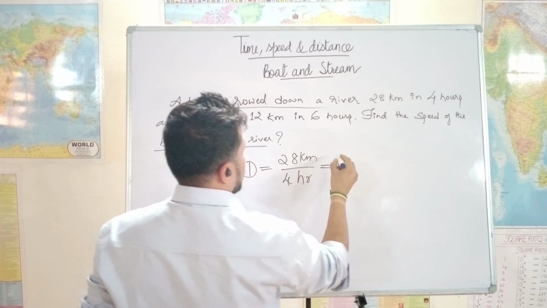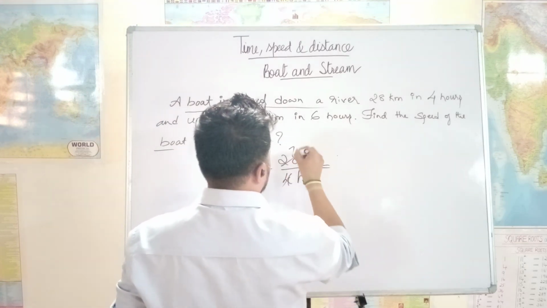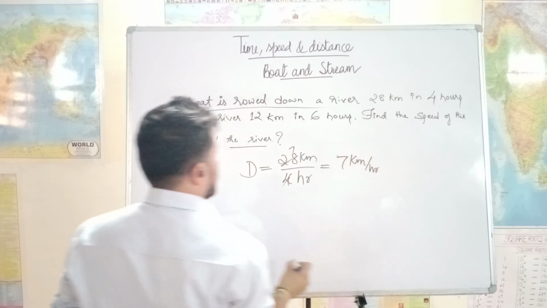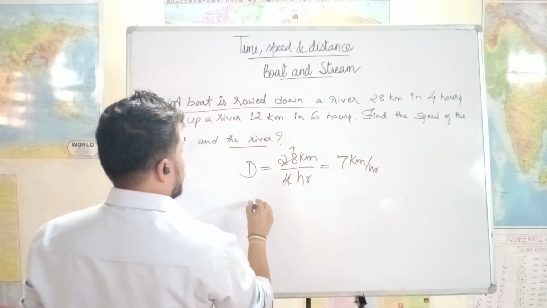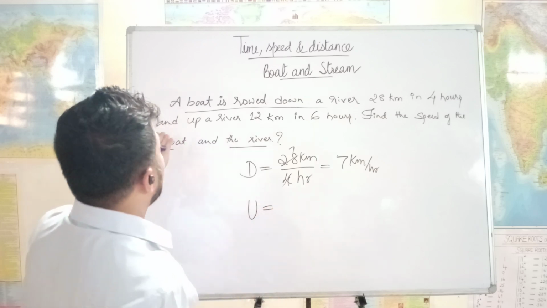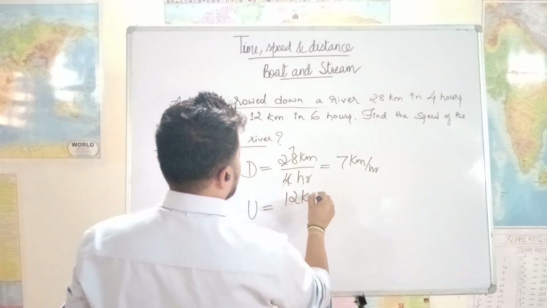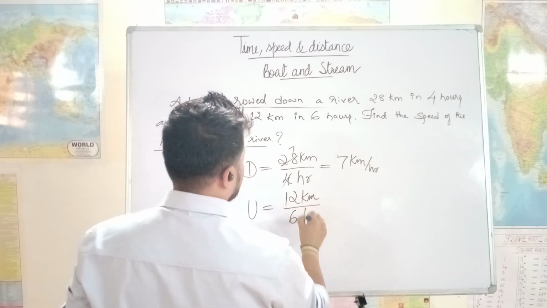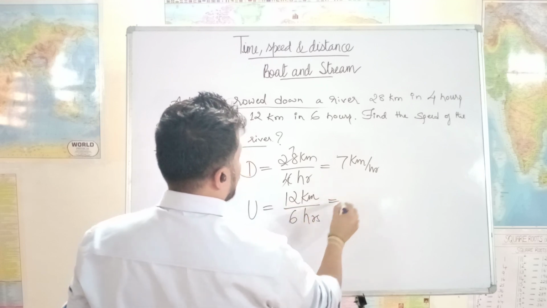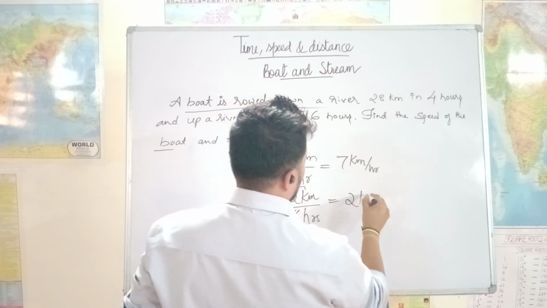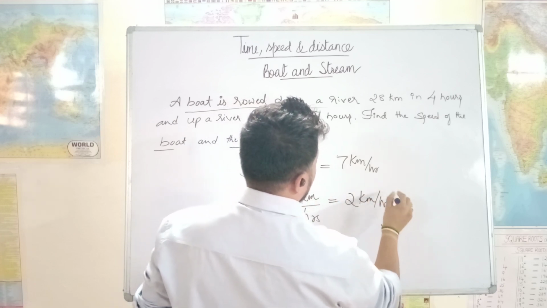That means 4 sevens are 28, so 7 kilometer per hour, and speed of the boat up the river is 12 kilometers in 6 hours, which is 2 kilometer per hour.